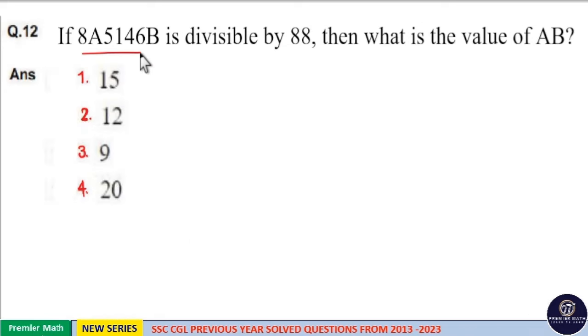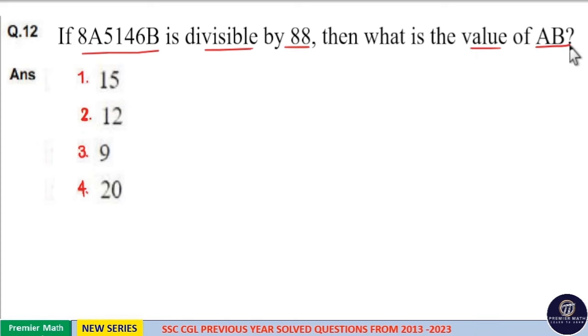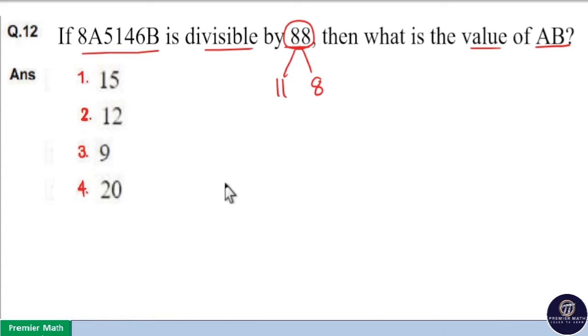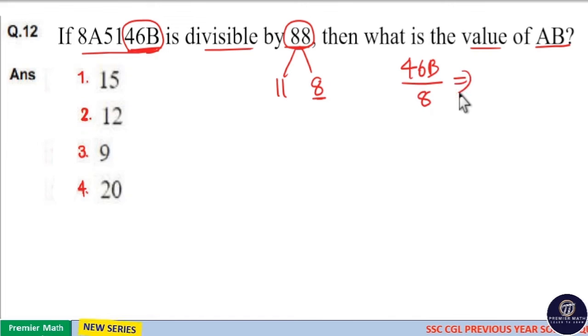If 8A5146B is divisible by 88, then what is the value of AB? Here, when a number is divisible by 88, it should be divisible by both 11 and 8. And when a number is divisible by 8, its last 3 digits should be divisible by 8. So check 46B. Here 46B should be divisible by 8, which means 8 goes 5 times in 40, remaining 6.